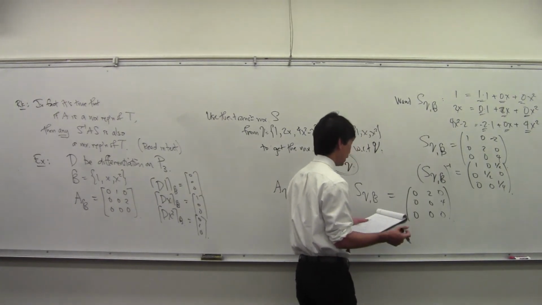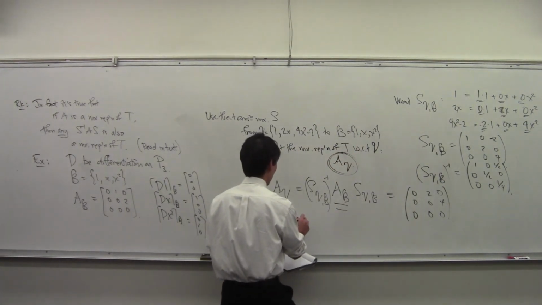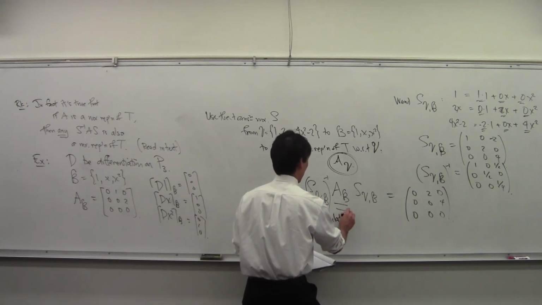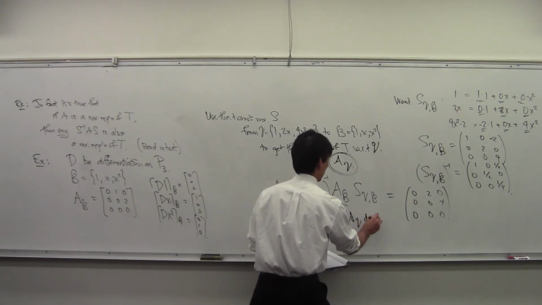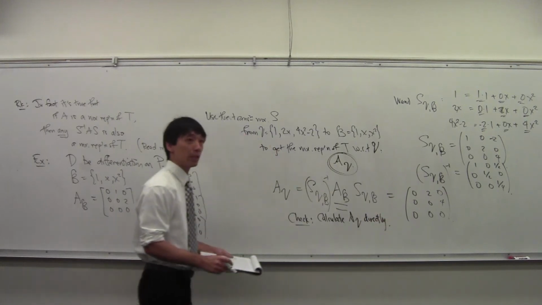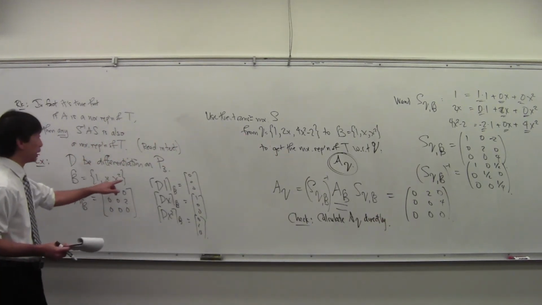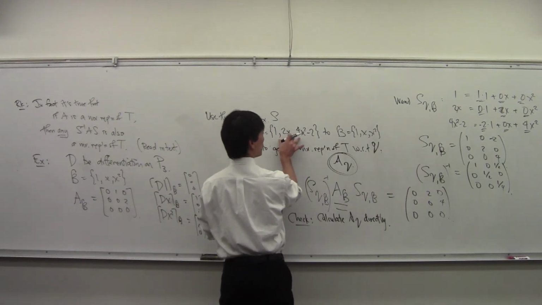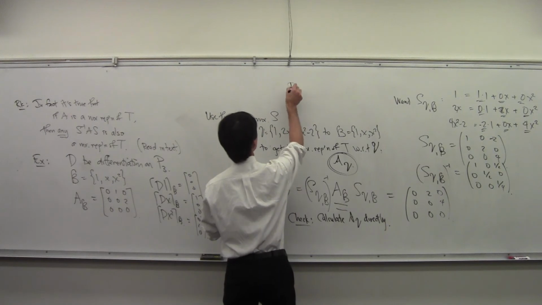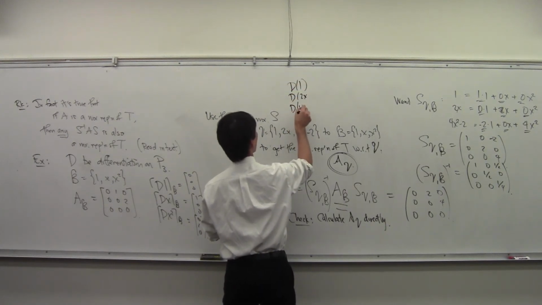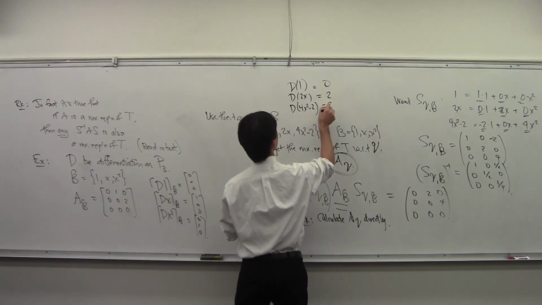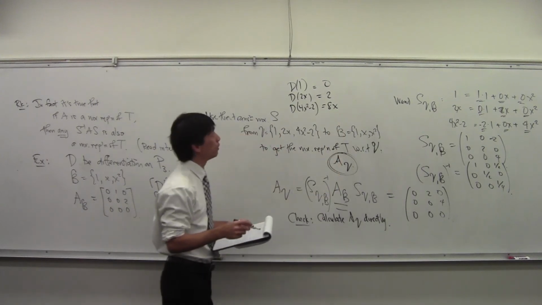So, and we can check this. If we calculate A sub B directly, we could calculate it by looking at the derivative's action on these guys: D of 1, D of 2x, and D of 4x squared minus 2. This is 0, this is 2, this is 8x.